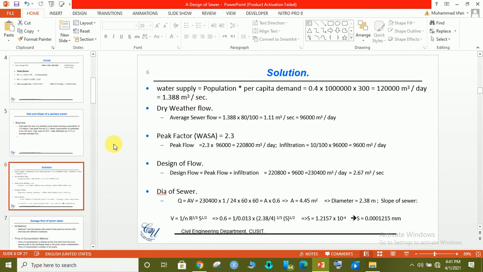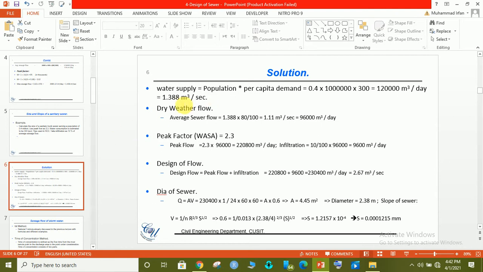Convert million to the number of people, 400,000. So that gives 120,000 meter cube per day, or divide by 24 multiplied by 3600 to convert into seconds, which is 1.388 meter cube per second.